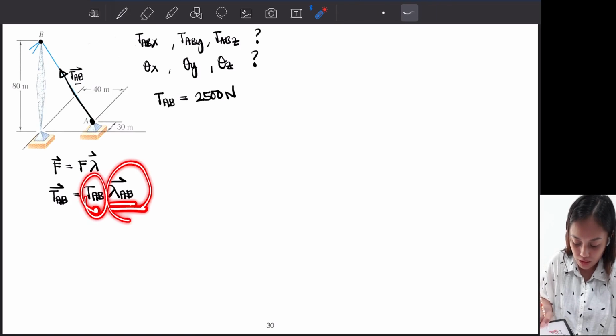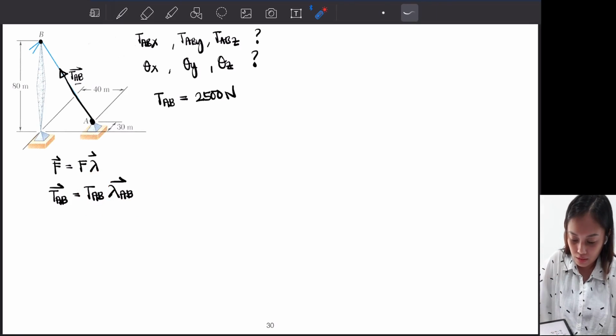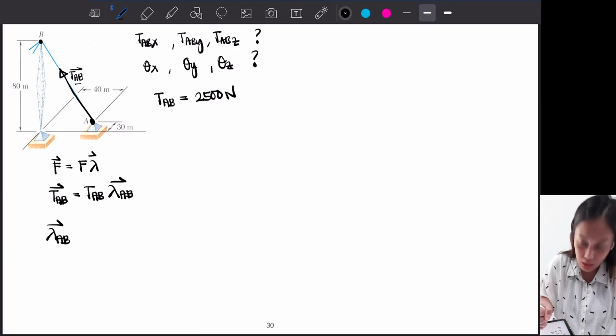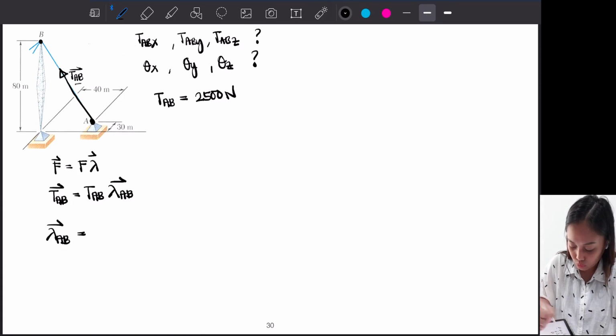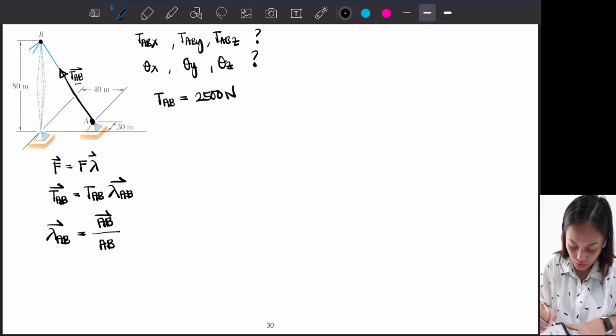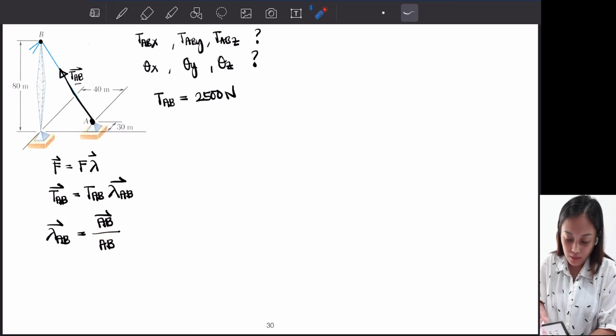What we need to determine is this unit vector lambda from point A to point B. So, unit vector from A to B is equal to vector from A to B divided by the distance from A to B, or the diagonal distance from point A to point B. Okay, so what is vector AB?